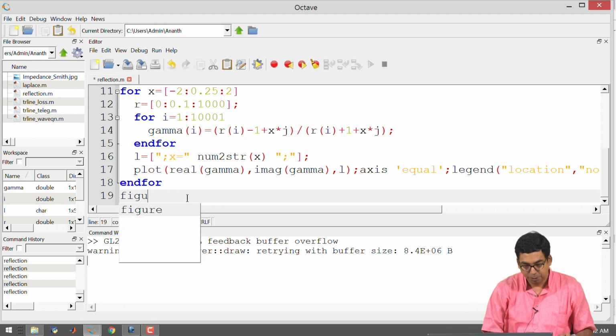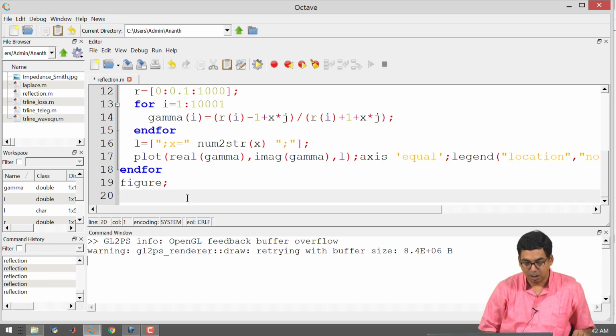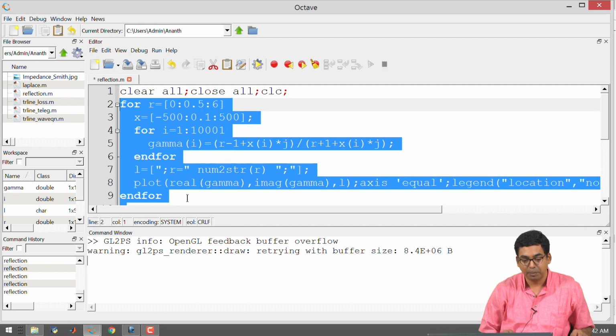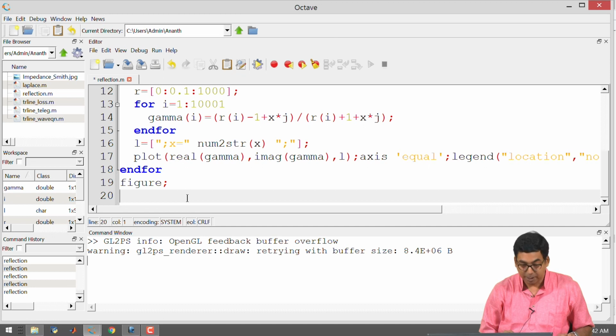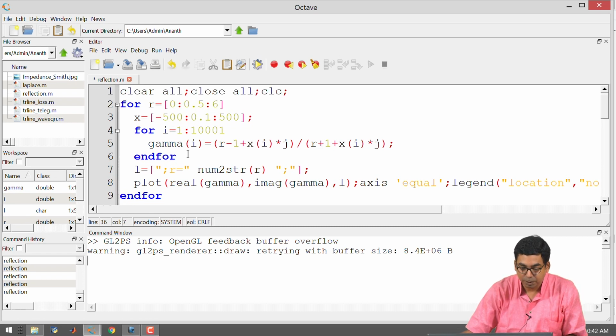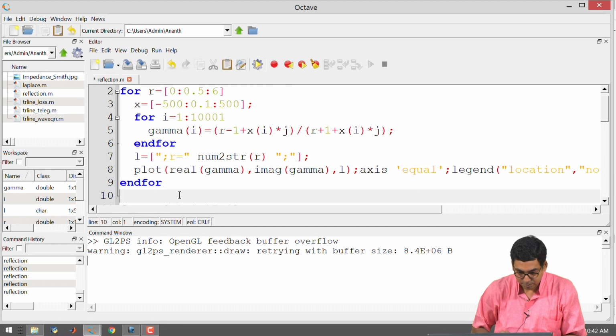I will create a new figure for doing this. All I will do now is copy the previous code entirely and start replacing R with G, and I will do some manipulation so that I can get the expression that I have.